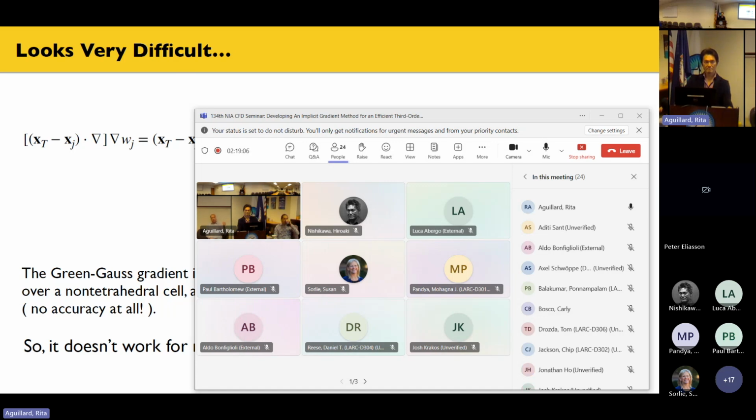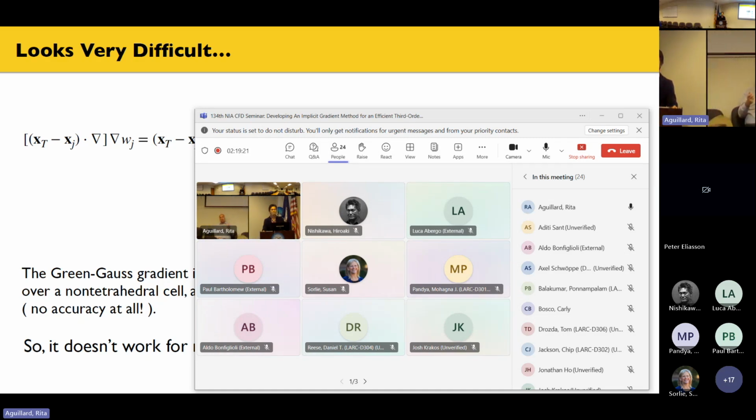With your scheme, could certain governing equations, moment or mass equations, be second order and others third? Can you choose? It's like computing all the gradients to neighbors of neighbors for all the species, for example. Could you selectively choose certain equations to be third order or second order?